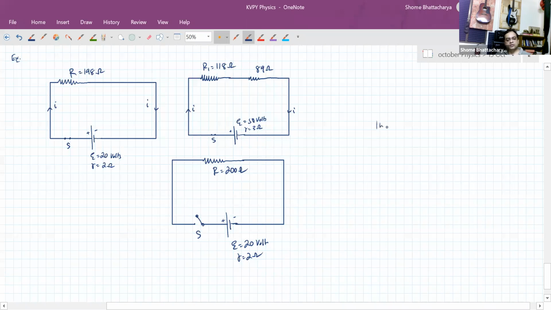So in each circuit, find the current I, the terminal voltage across the cell, let's say VT, and the voltage across each of the resistors.